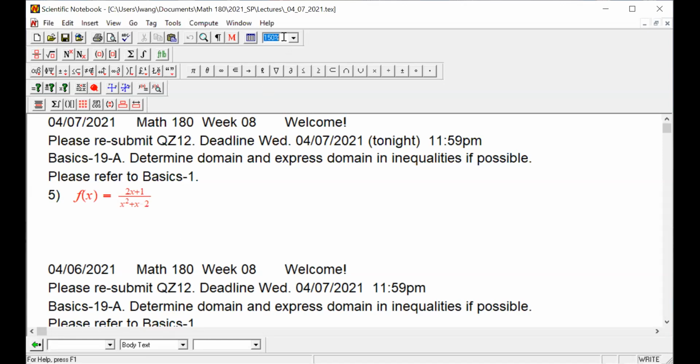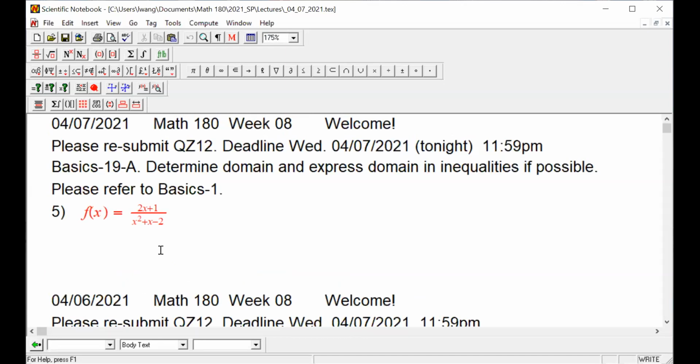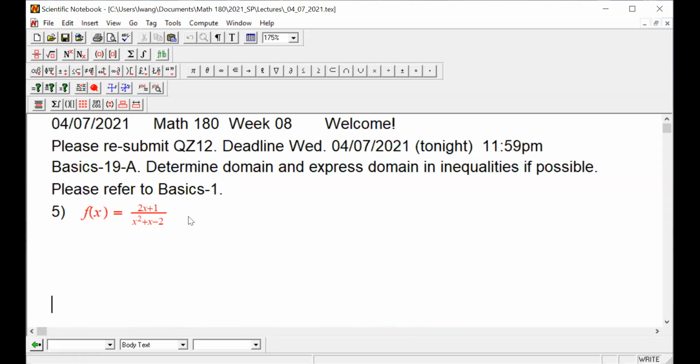Okay, so let me just make it a little bit larger so you can see the subtraction sign properly. Do you guys see well? Okay, so let me bring up the chat. To determine the domain of this function, we would look at the numerator and the denominator.